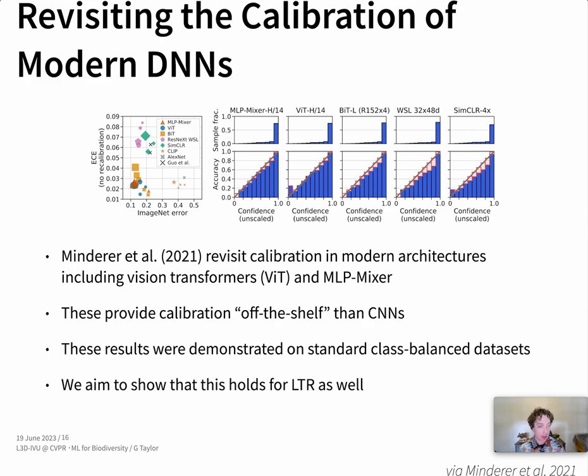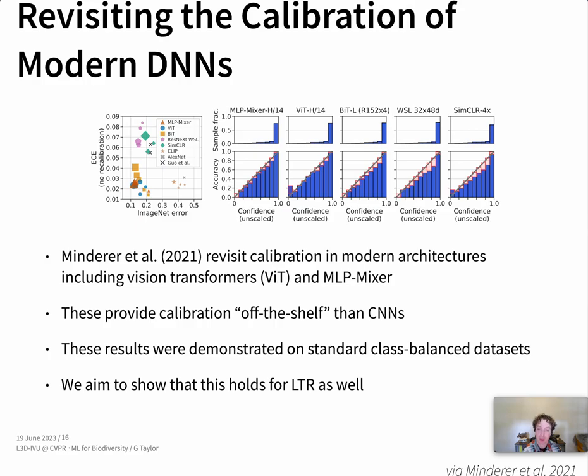So a natural question is, how about the modern architectures like vision transformers? There's a paper by Google Brain in 2021 by Minderer and colleagues that revisited this calibration issue in modern architectures, including the vision transformers and hybrid methods like MLP-Mixer. They showed that they have better calibration off the shelf than convolutional neural nets.